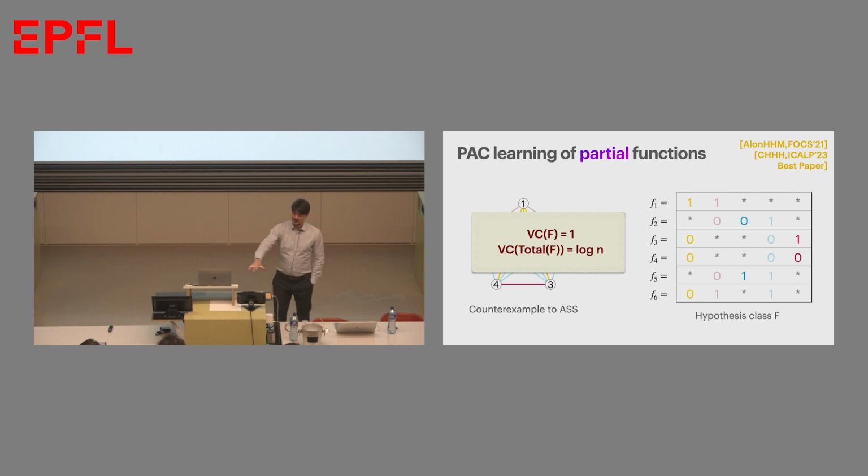So if you try to convert this class into a total class by replacing these stars with Boolean values, no matter how you try to put Boolean values for the stars, you're going to get a family with VC dimension unbounded. So you kind of lose the learnability property. So this is one of their main results.